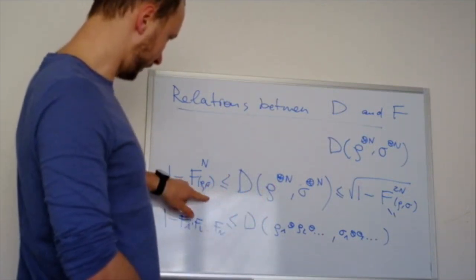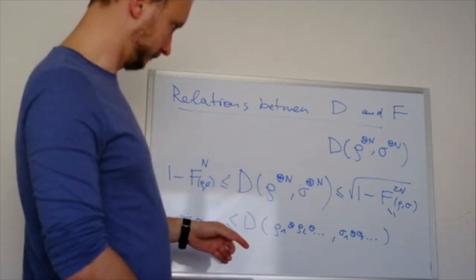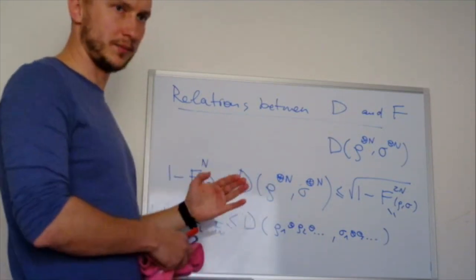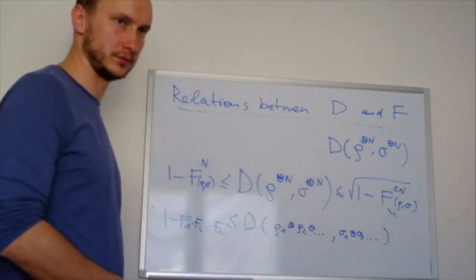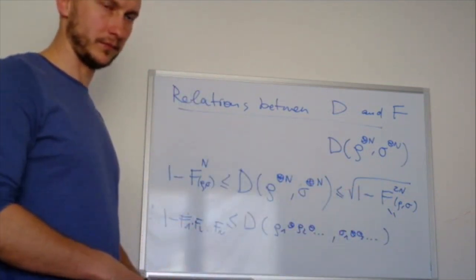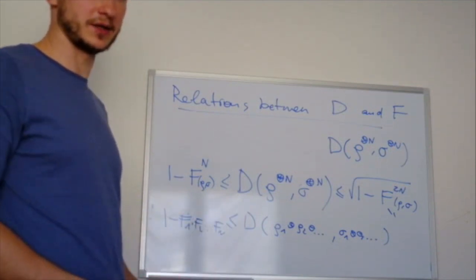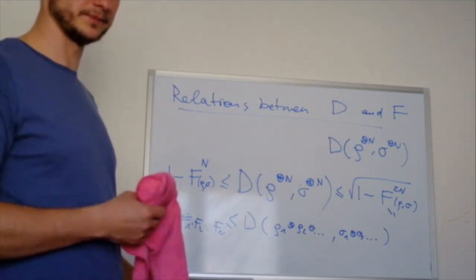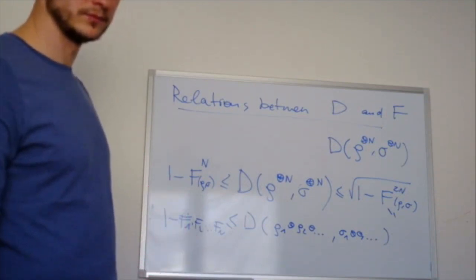You can attain this fidelity for the copies by just measuring each copy individually. So you can think of this scenario as having n copies and measuring them sequentially, and this bound still holds. I will explain it in the exercise. Clear? Okay. So that's it.